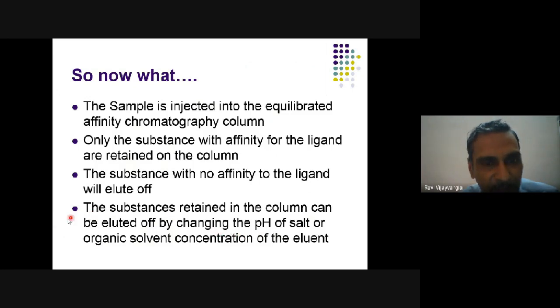In any of these ways, you can elute the bound protein from the column. As affinity is very specific to your protein of interest, there will be very little chance of non-specific binding, because if you wash it properly, in most cases you will get a pure protein in one go.